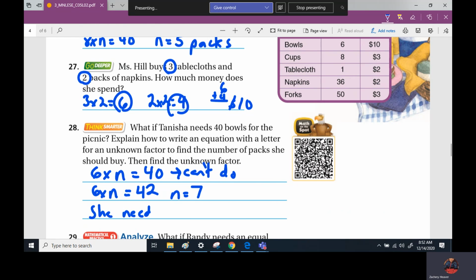If we would have done 6 times 6 is 36, she wouldn't have enough bowls for everybody. So it's better to have more than not enough. She needs 7 packs.